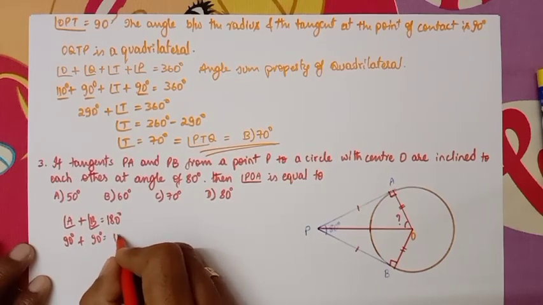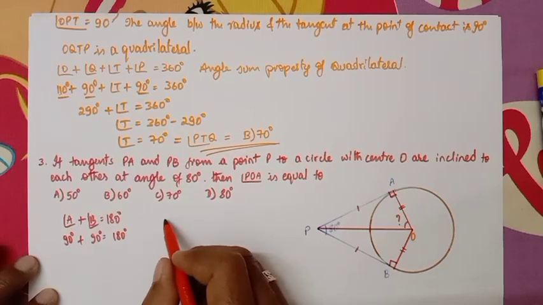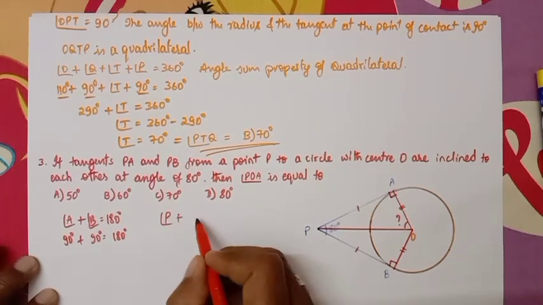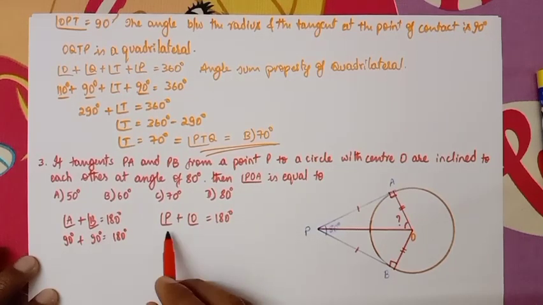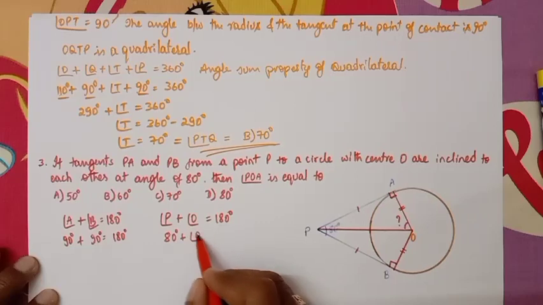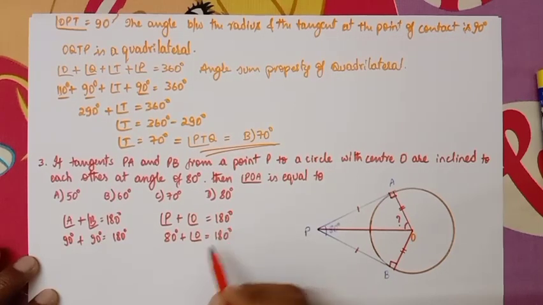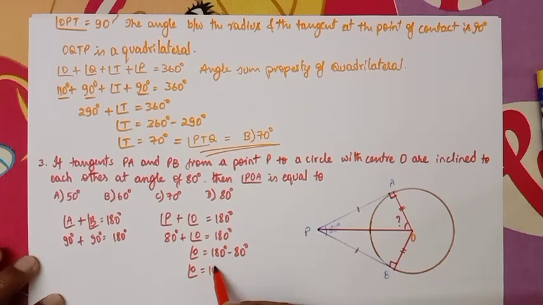And even angle P plus angle O must be equal to 180 degree. We know angle P is 80 degree plus angle O is equal to 180 degree. So angle O is equal to 180 degree minus 80 degree. So angle O is equal to 100 degree.